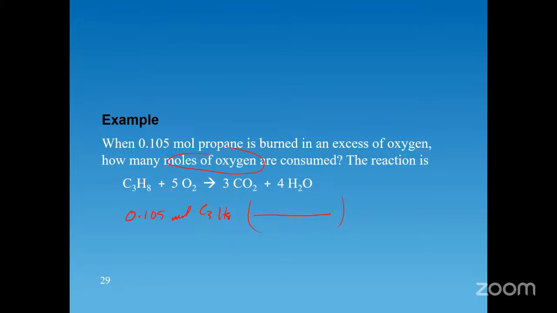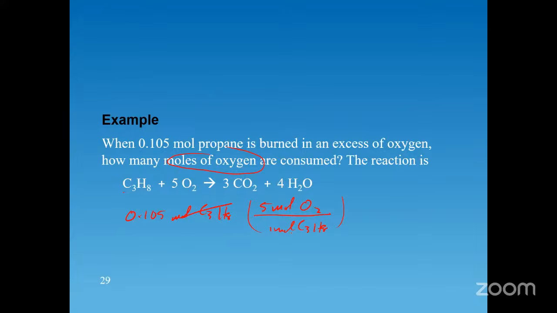Now, based on the balanced equation, there's a 5 to 1 mole ratio between the oxygen and the propane. So the way we represent that here is that we put 5 moles of oxygen above as a numerator in that conversion factor, and down here, 1 mole of propane, C3H8, below as the denominator.